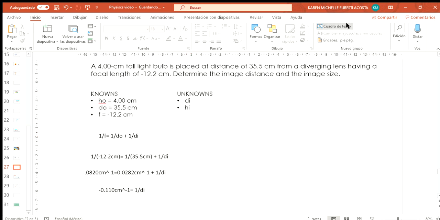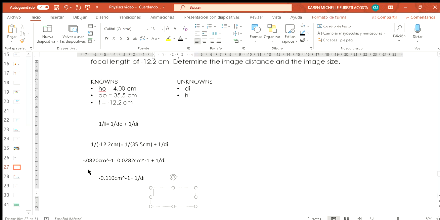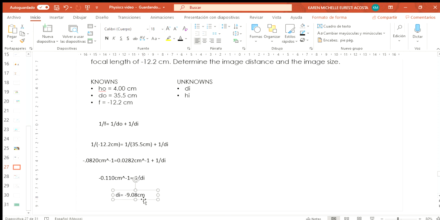And then we just do this operation to elevate it to the -1, and since it's dividing 1, it will be the same, so we have that the di is 9.08 centimeters. That is the distance of the image.